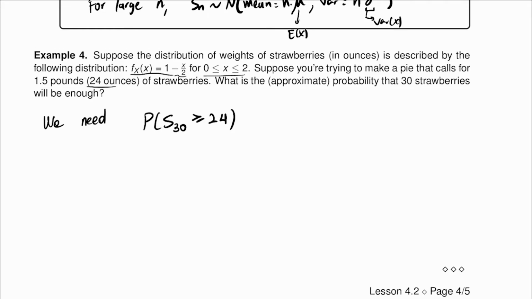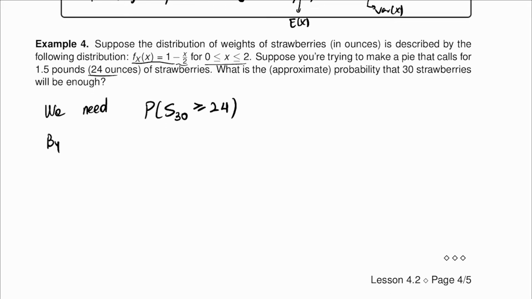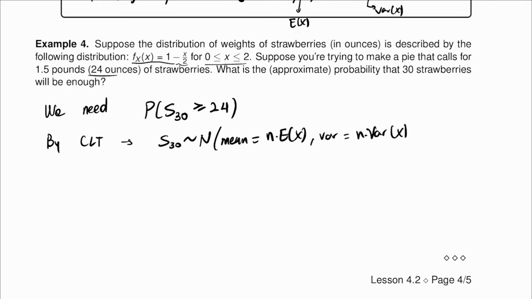By the CLT, S30 is normally distributed with mean equal to n times the expected value of x, and the variance is n times the variance of x, where x is the random variable here. N in this case is equal to 30.